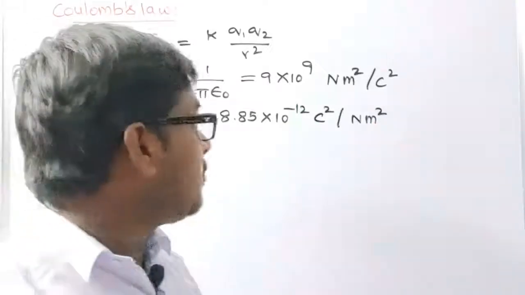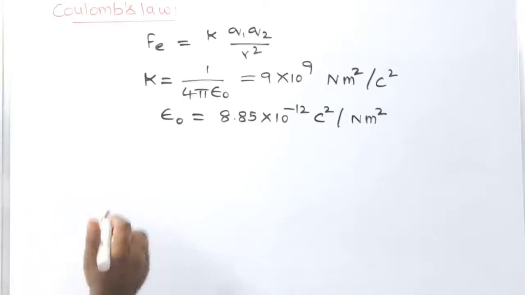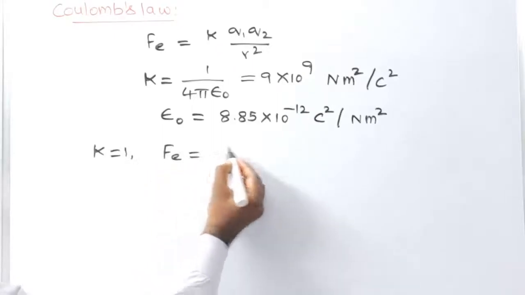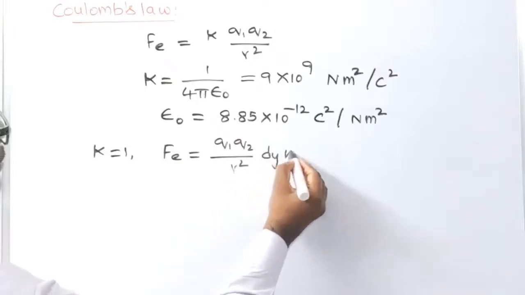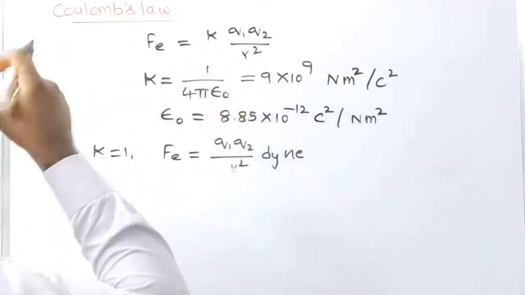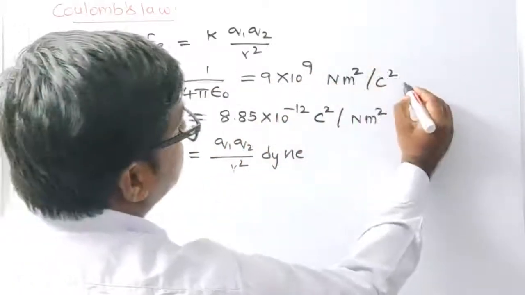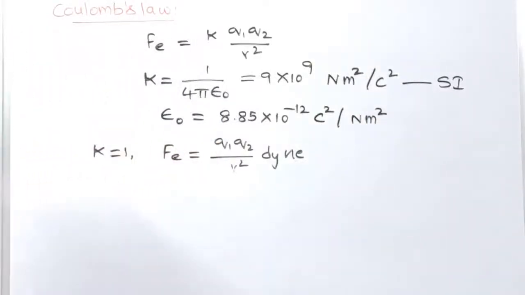In CGS units, K is equal to 1, so Fe is equal to Q1 Q2 by R square dyne. In SI units, K is equal to 1 by 4 pi epsilon naught, that is equal to 9 into 10 power 9 Newton meter square per Coulomb square.